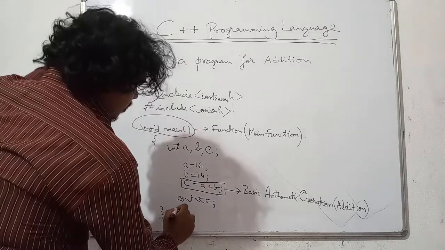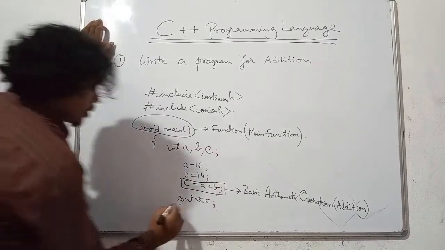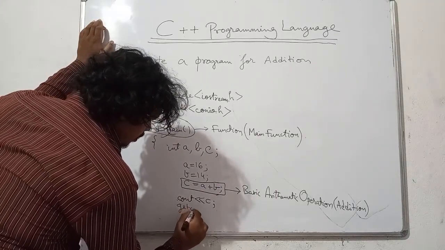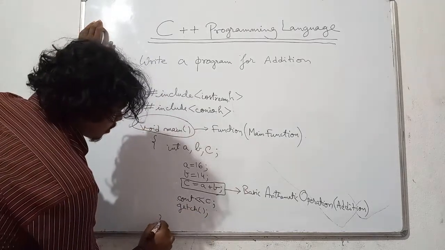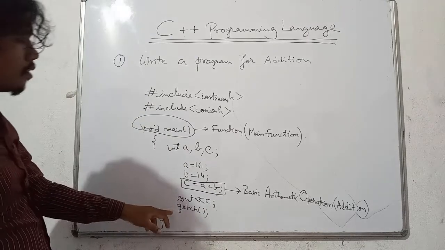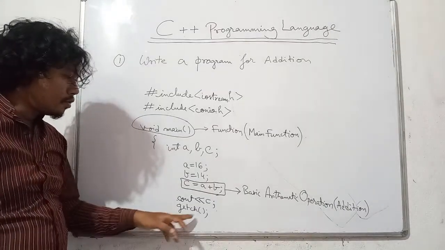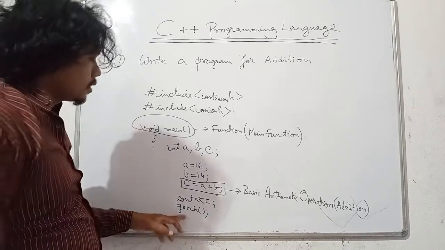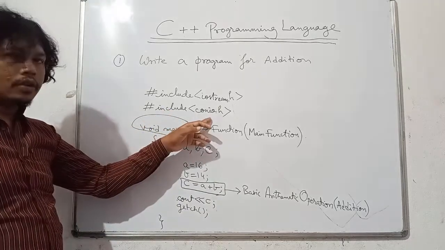And one more function you will add here: getch, G-E-T-C-H, get function. We will see later on what is get function, but it is mandatory to use it. And get function is found in header file conio.h.